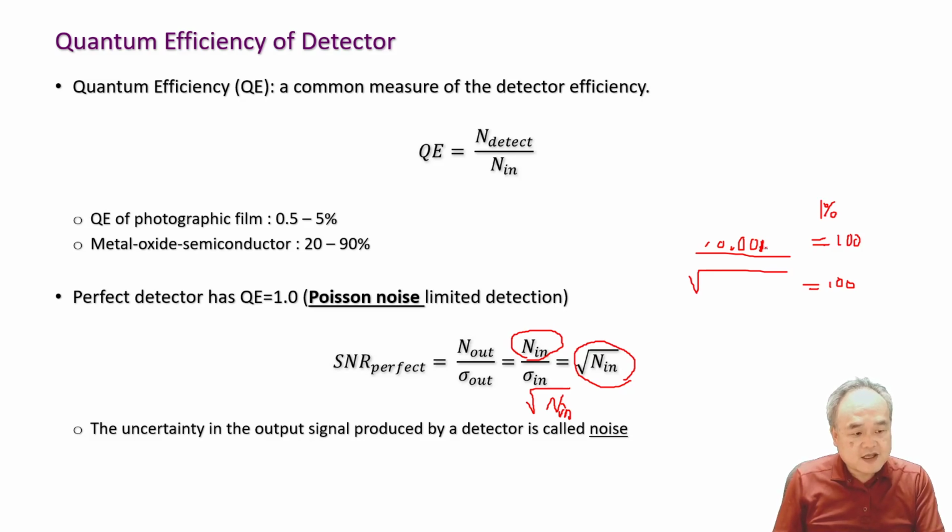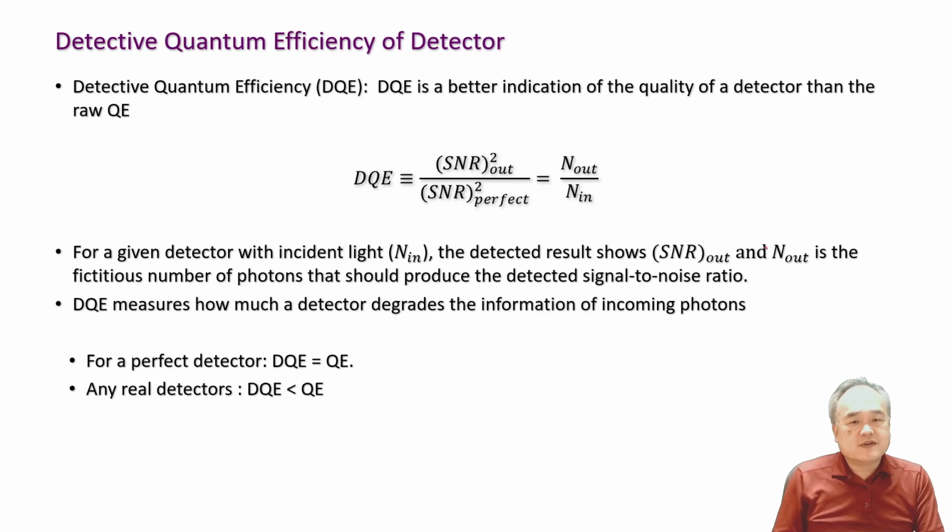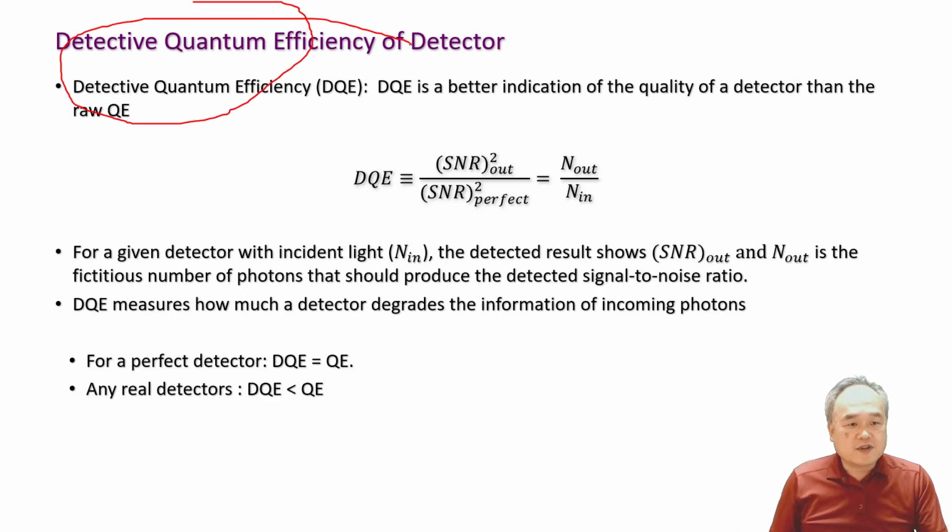So quantum efficiency is an intuitively straightforward, simple concept, but for an actual detector, the quantum efficiency is not a really good indicator of the real detector's performance. The real detector performance can be better described by the detective quantum efficiency, known as the DQE.